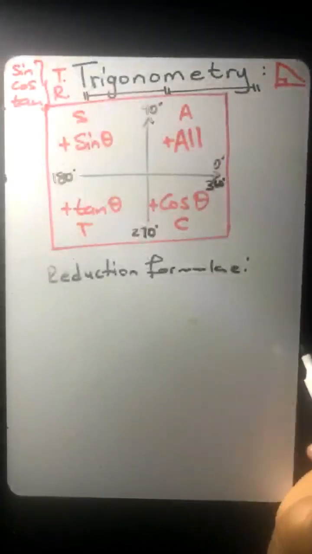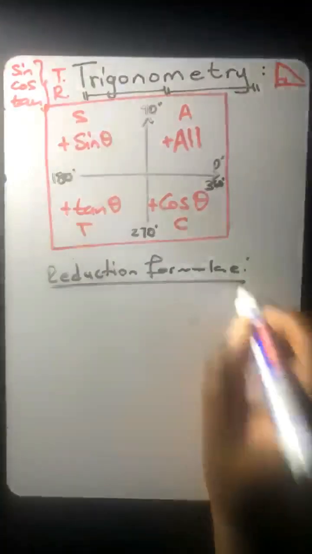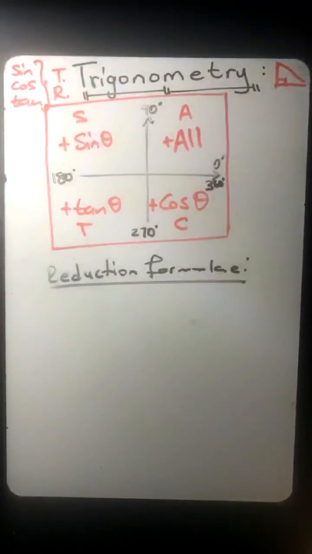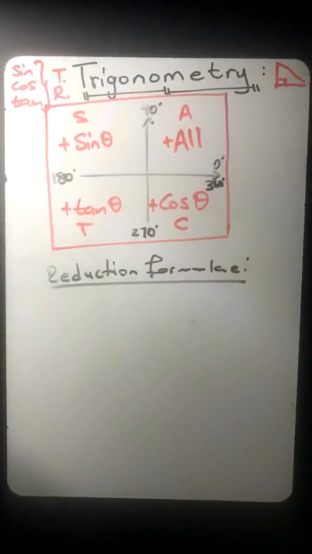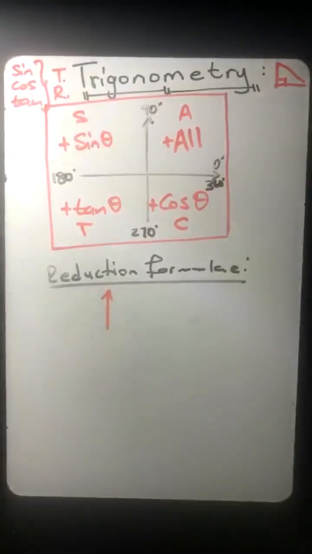So let's see. Now, the reduction formula, what are we talking about there? Maybe before I go deep, let me quickly explain what is meant by reduction formulae, because the moment you understand that, it's going to be easy to follow as we continue. Listen very carefully.